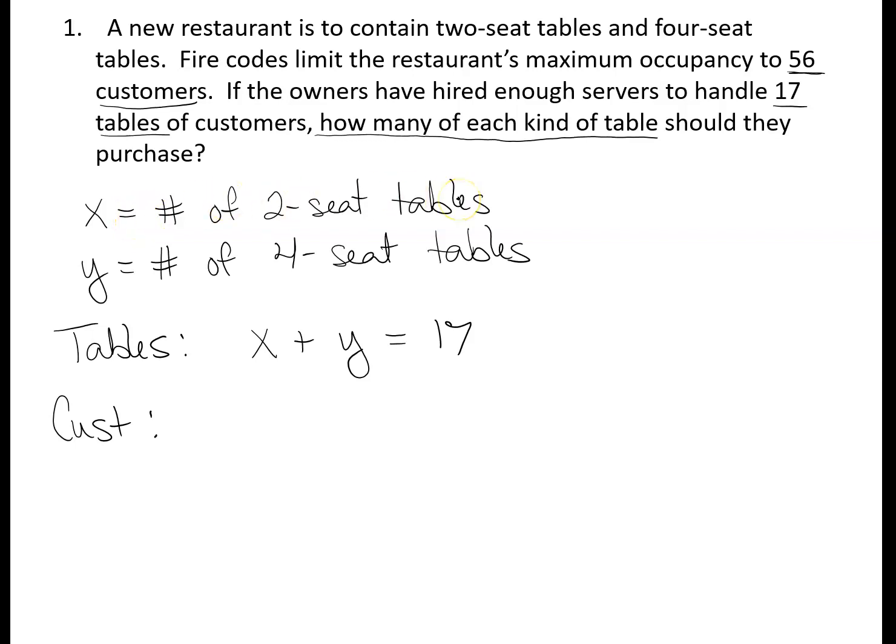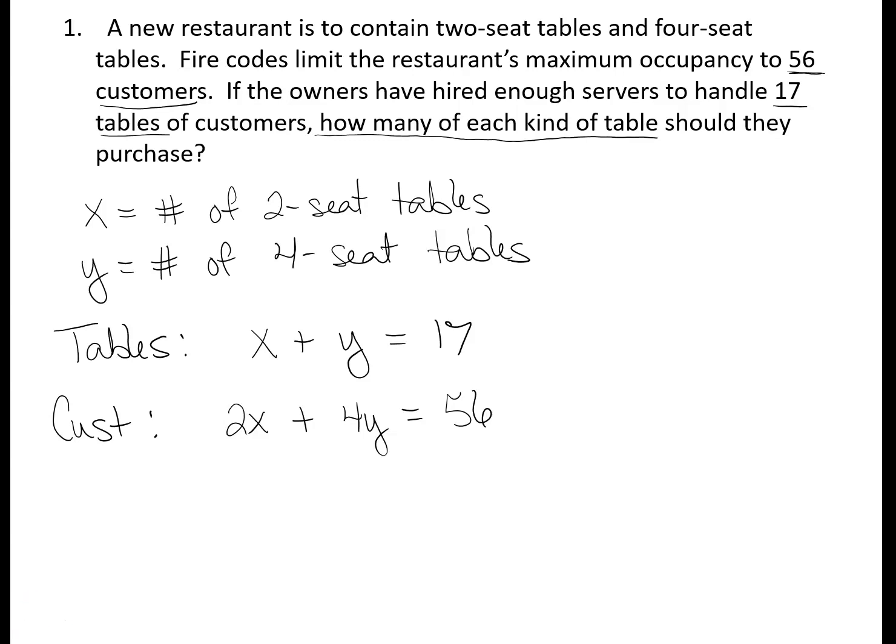Each of those tables will hold 2 customers. So we would multiply 2 times X to get the total number of customers at the 2-seat tables. Plus, each Y could hold 4 customers. So we would do 4 times Y. And that would give us our maximum number of customers, 56. So these are the 2 equations for the problem.